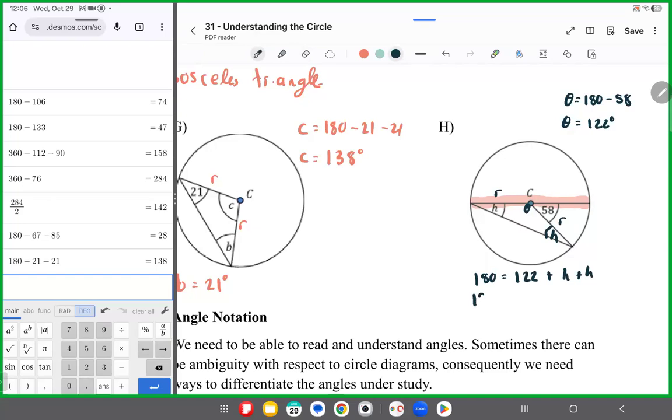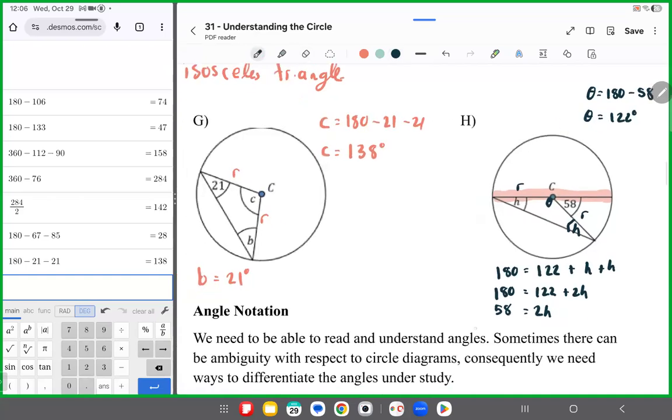So this will be 180 is equal to 122 plus 2H. Minusing off 122 gives us 58 degrees will be equal to 2H. And half of 58 is 39.